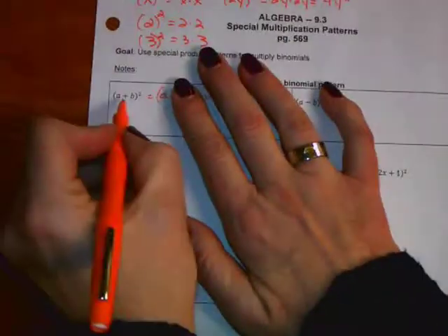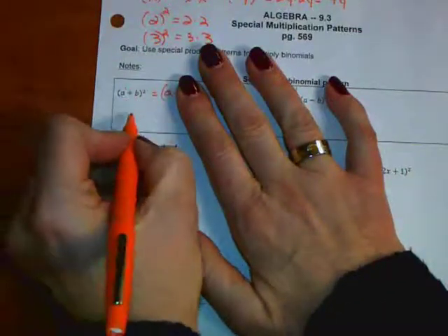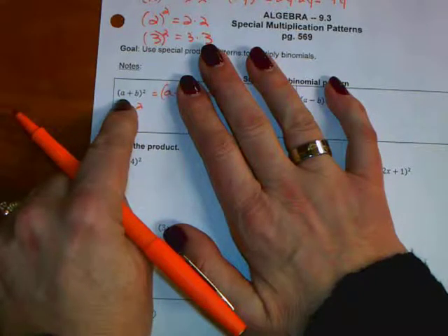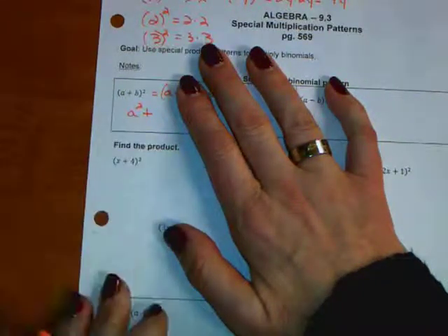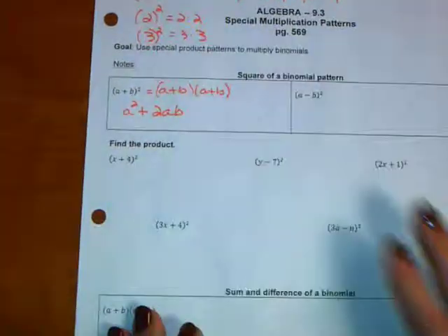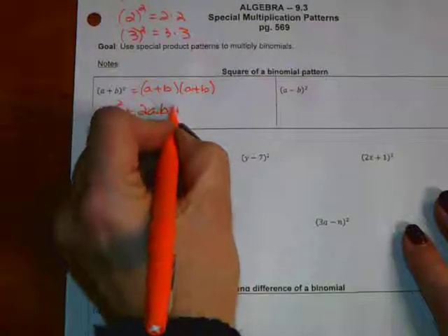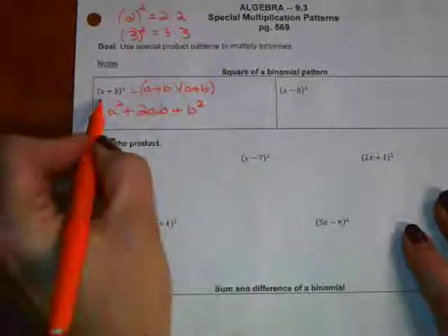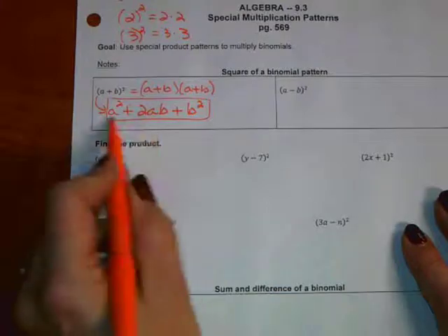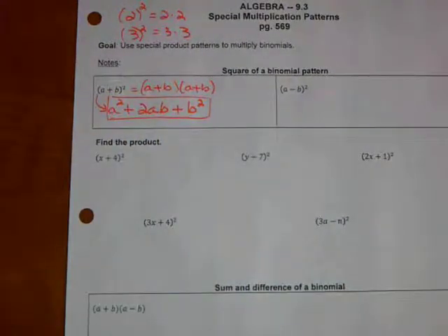So when you have this, it actually equals the square of a plus 2 times a times b plus the square of b. So this would FOIL out to equal that. And I'm going to show you an example in just a minute.